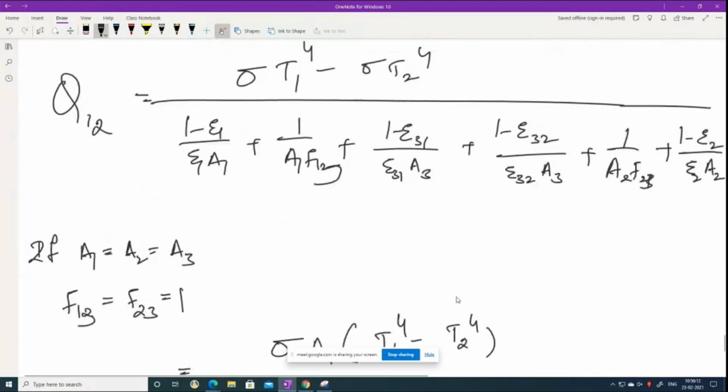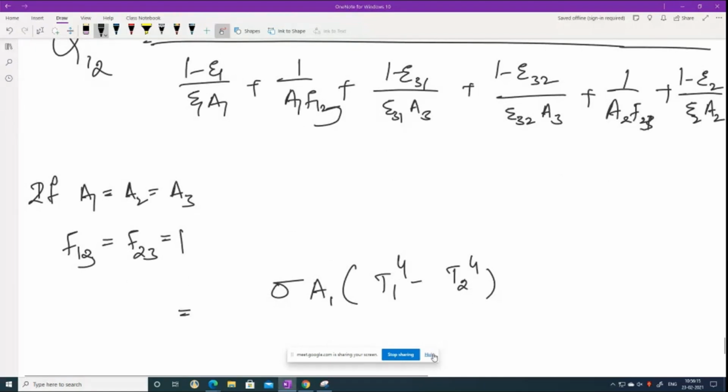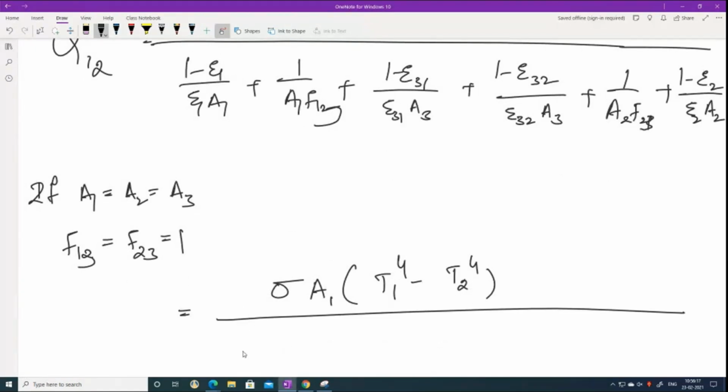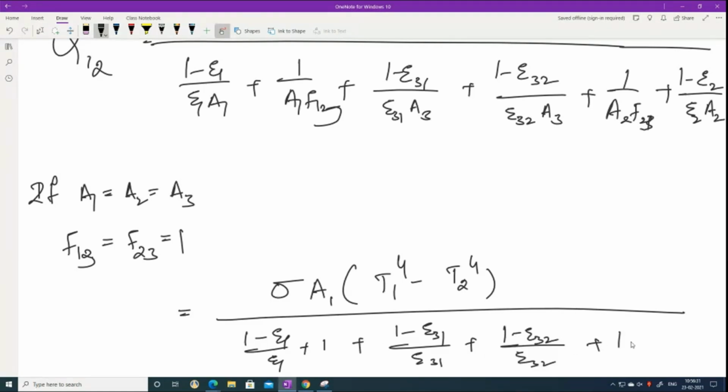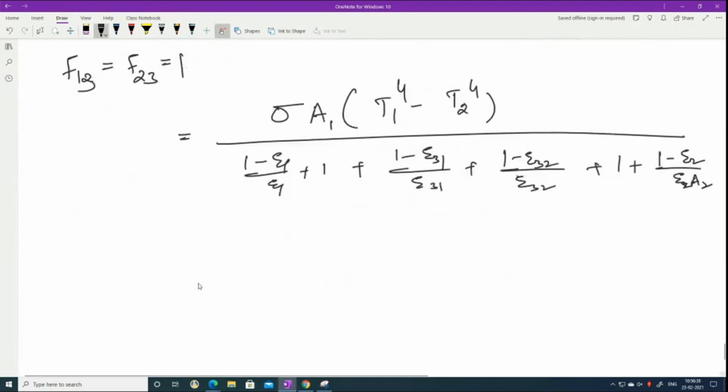I will get. So if I simplify this expression here, what I get here is 1 minus epsilon 1 by epsilon 1 plus 1, plus 1 minus epsilon 31 by epsilon 31, plus 1 minus epsilon 32 by epsilon 32, plus 1, plus 1 minus epsilon 2 by epsilon 2. So what I get here is Q12 equal to sigma into A1 into T1 to the power 4 minus T2 to the power 4.